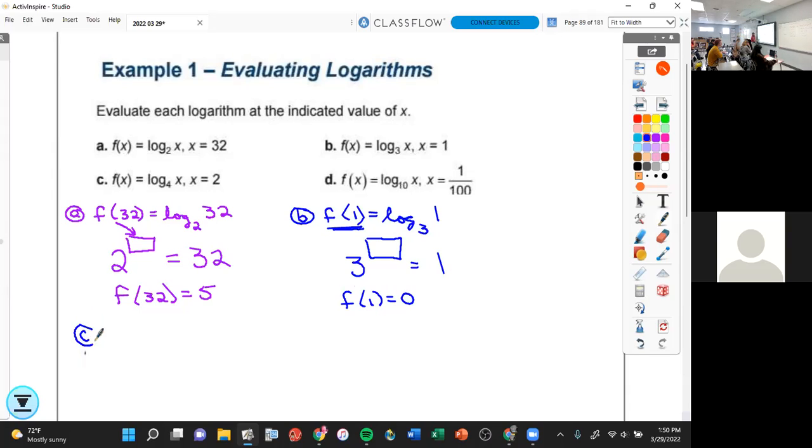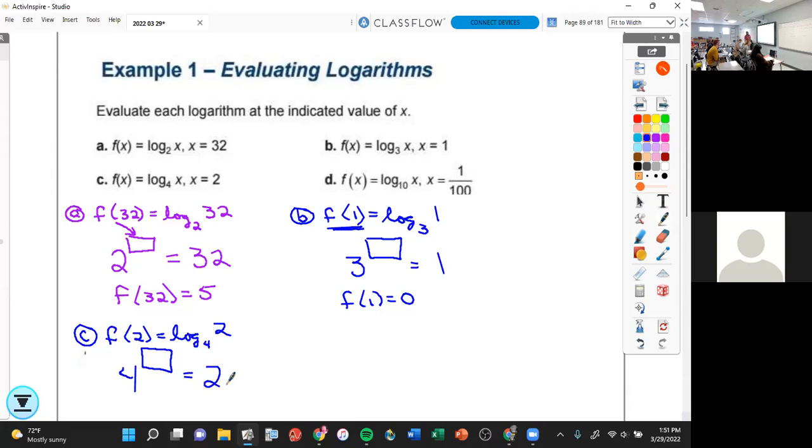Part C. F of 2 is log base 4 of 2. What is the base? 4. What is the exponent? Don't know. That's what we're trying to figure out. What does it equal? 2.